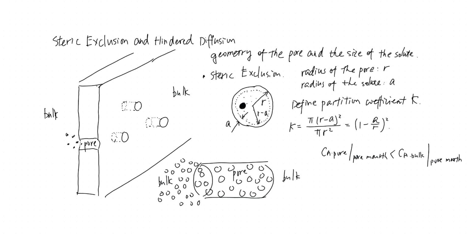How much less? This is given by the partition coefficient. K equals C_A in the pore divided by C_A in the bulk, evaluated at the pore mouth.